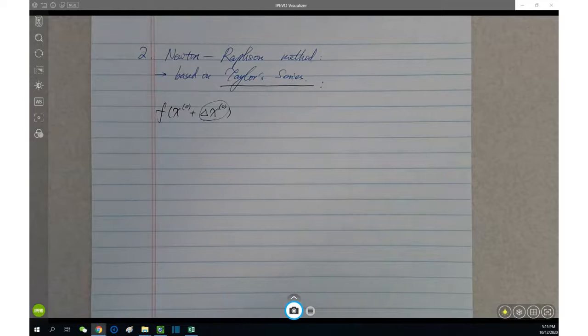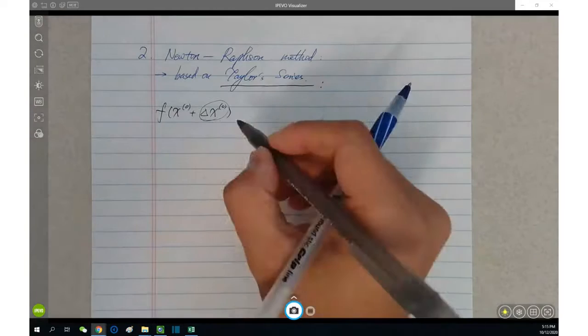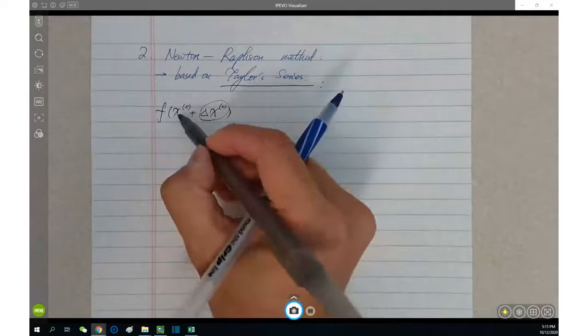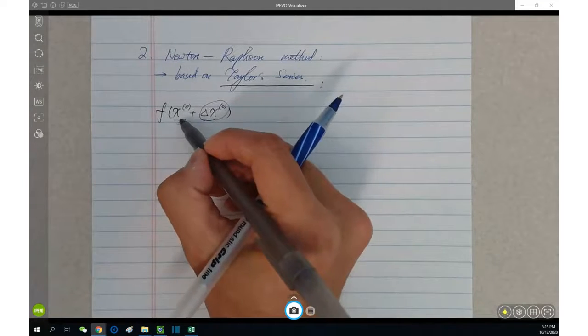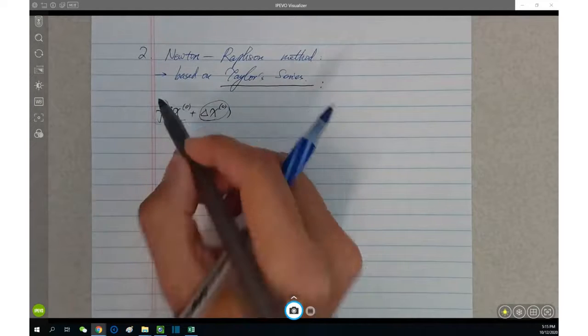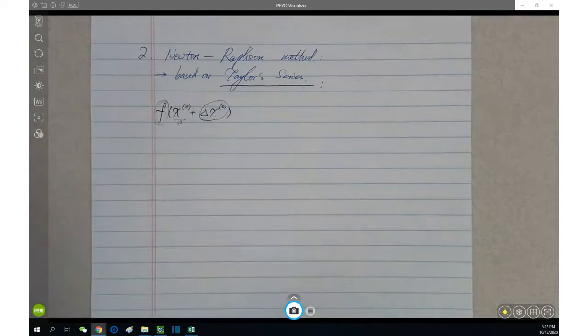What does perturbation mean? Perturbation is a very small value, kind of interrupting the original x. How will the resulting function value change, or what does the result look like?